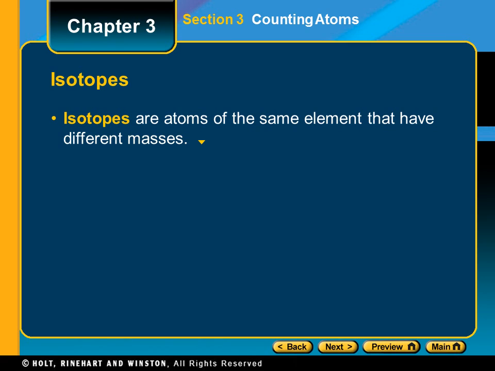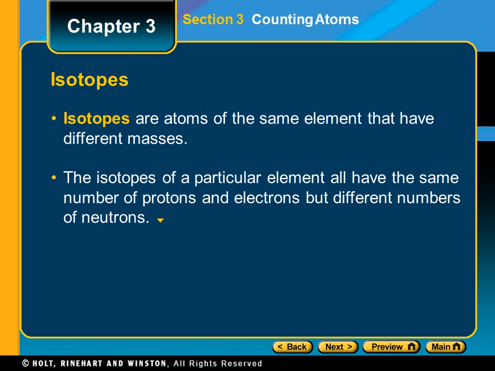So if we're talking about atoms of the same element that have different masses, they must have a different number of something. Hope everybody follows this. The isotopes of a particular element all have the same number of protons and electrons, but different numbers of neutrons. So isotopes specifically refers to atoms of the same element with different numbers of neutrons.